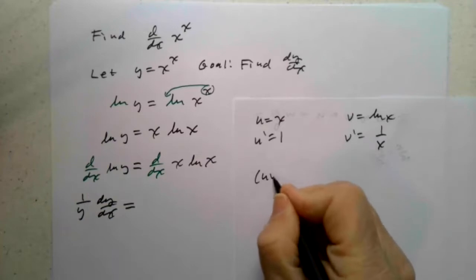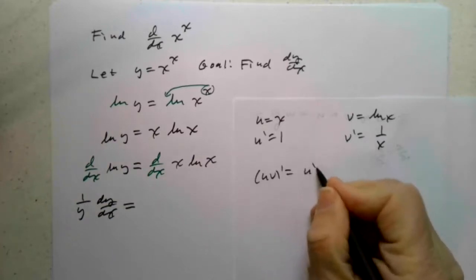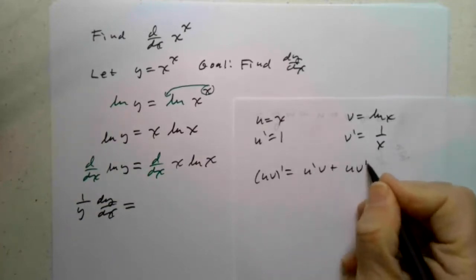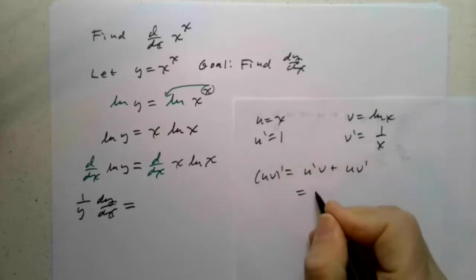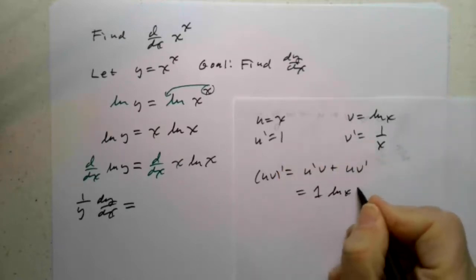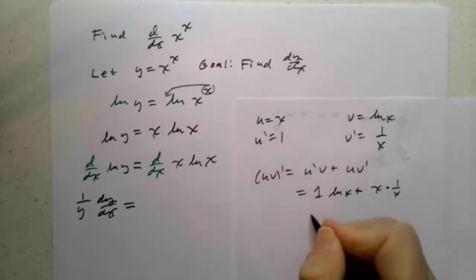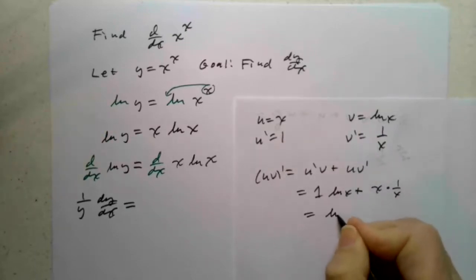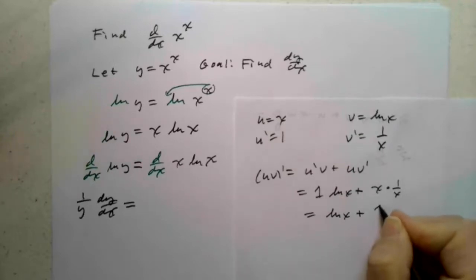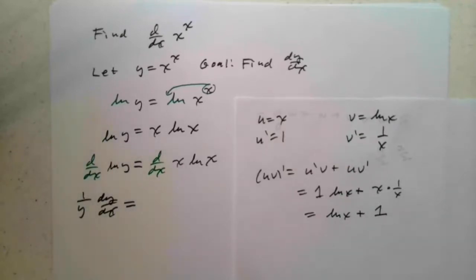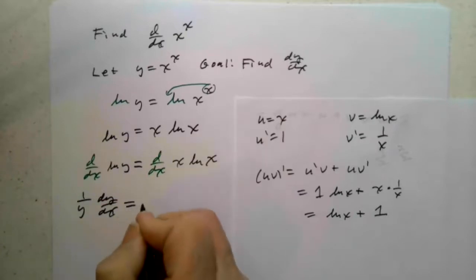And we know that (uv)' is u prime v plus u v prime. u prime v is 1 times natural log x, plus u v prime is x times 1 over x. So 1 times natural log x is just natural log x, plus x times 1 over x is just 1. So the right-hand side here becomes natural log x plus 1.